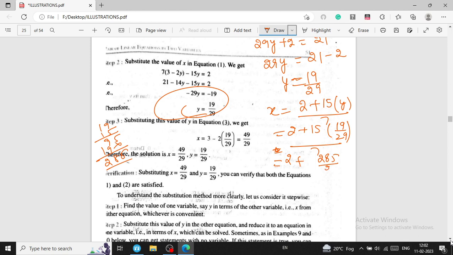So 285 over 29, over 7. You can take the LCM 29: 2 times 29 is 58 plus 285 over 29, and this 7 will be multiplied here. 58 plus 285 is 343. You can write here 343 over 29 multiplied by 7. Now you can cut this: 49 times 7 is 343. So the result is 49 by 29.